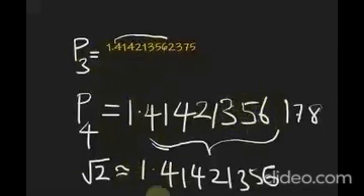Then we found an approximation to square root of 2 up to 8 decimal places. I hope you understood how to find an approximation for the given accuracy. This approximate solution is accurate up to 8 decimal places. All right.